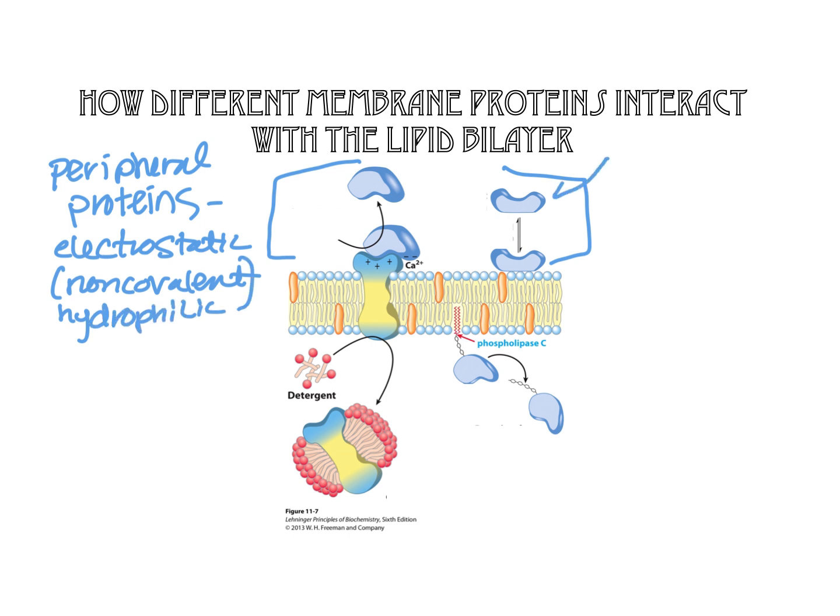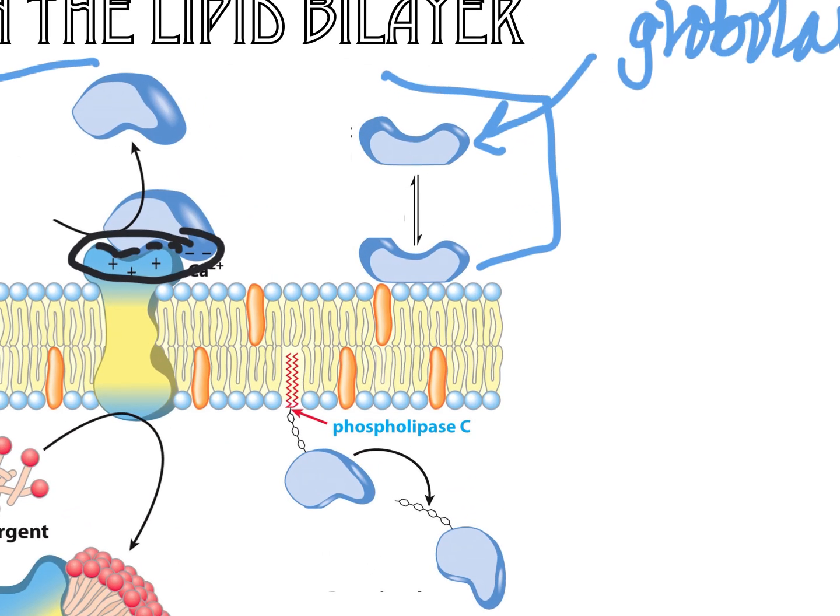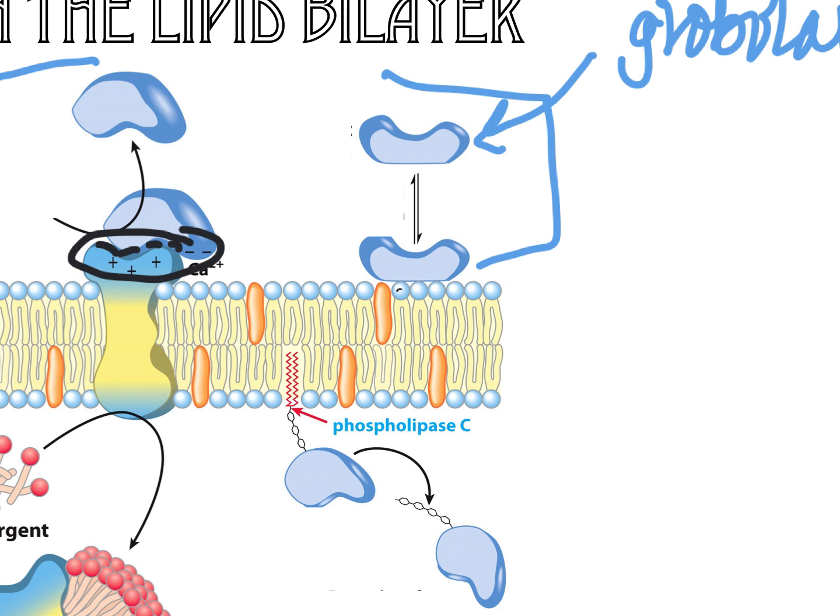So these proteins are typically globular in that they have a hydrophobic core, but on the outside of them, like this one here, has some negative charges so that it favorably interacts here with salt bridging. And then if you imagine that these head groups here are negatively charged phospho head groups, that means that this peripheral protein likely has a lot of positive charges on it.